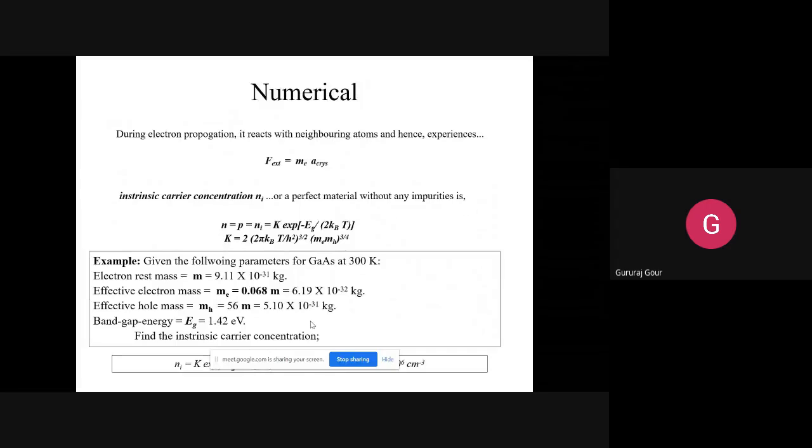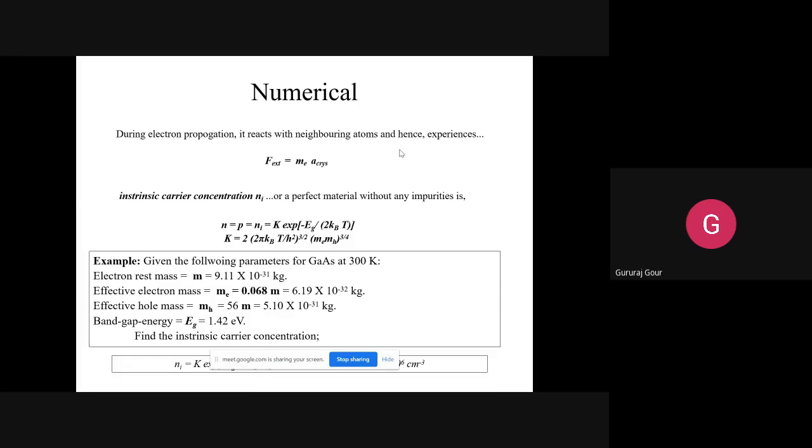That force, we are writing as an external force in terms of the mass of the electron and the acceleration faced by the electron from its neighboring crystalline structure. This imposes an external force on the electron to make it vibrate and become free.